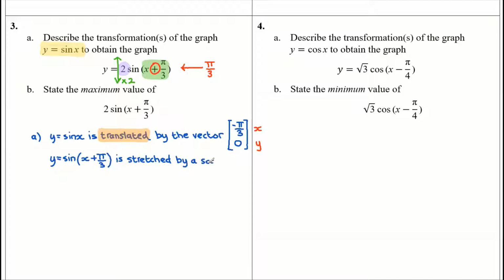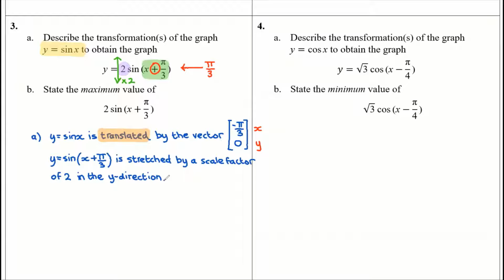So you always need your scale factor. A scale factor of 2, and specify the direction, in the y direction. And we know that because the 2 is on the outside of the function. So those are the two transformations.